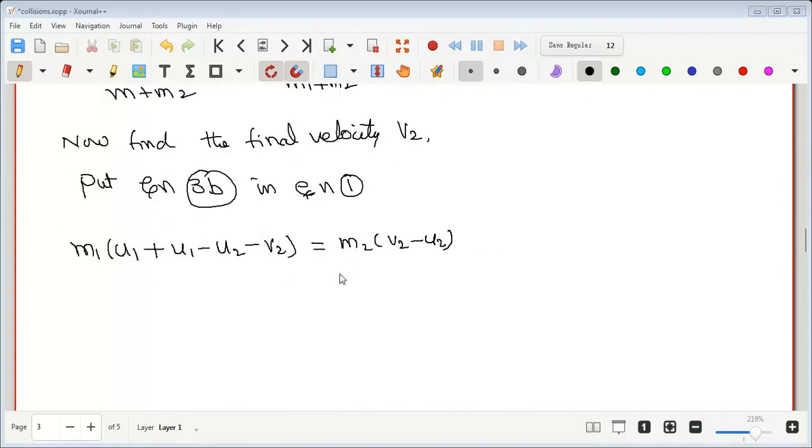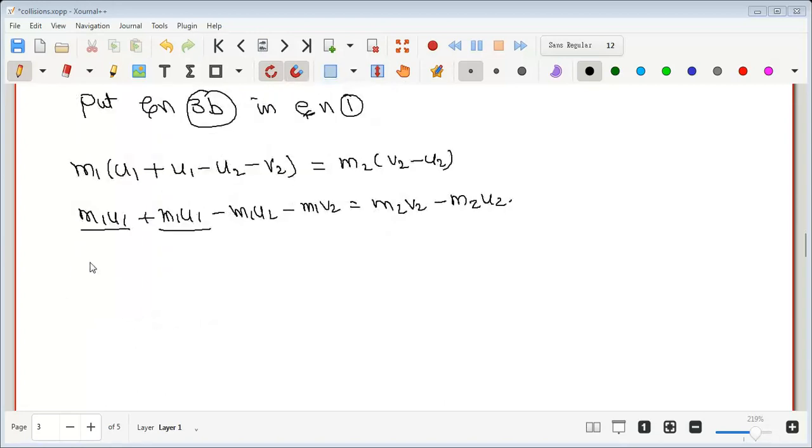So distribute m1: m1 u1 plus m1 u1 minus m1 u2 minus m1 v2 is equal to m2 v2 minus m2 u2. Now add these two terms, that is 2m1 u1.